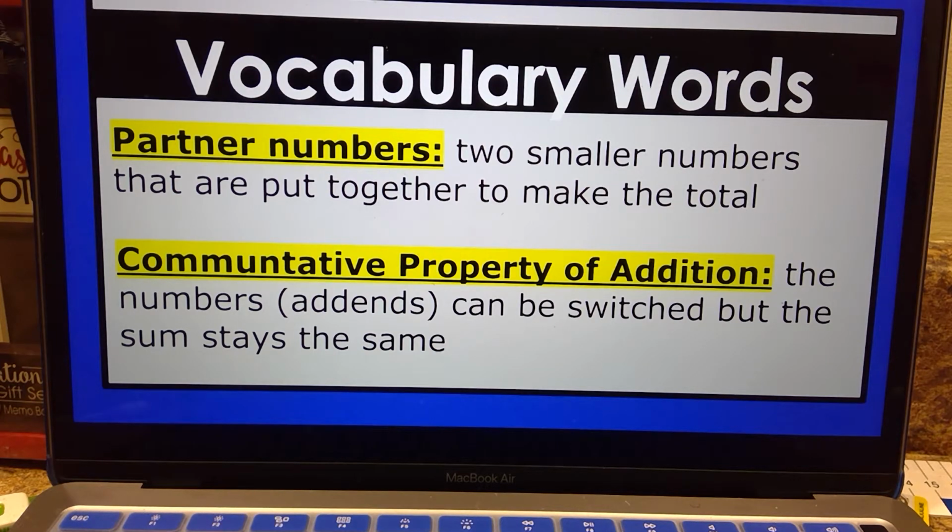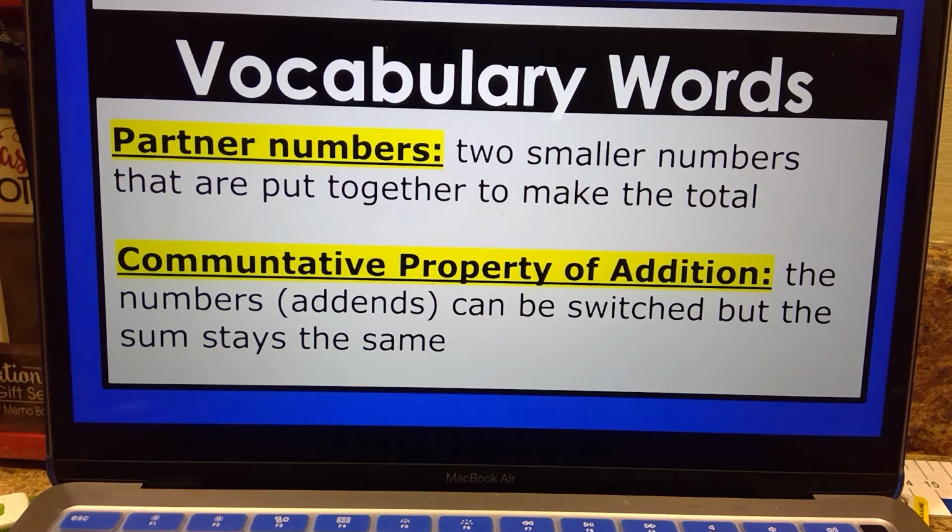For example, if I wanted to add the number sentence 1 plus 2, 1 plus 2 is 3. But the commutative property says I can flip those two additives around and it'll still be the same. If 1 plus 2 is 3, that means 2 plus 1 equals 3.